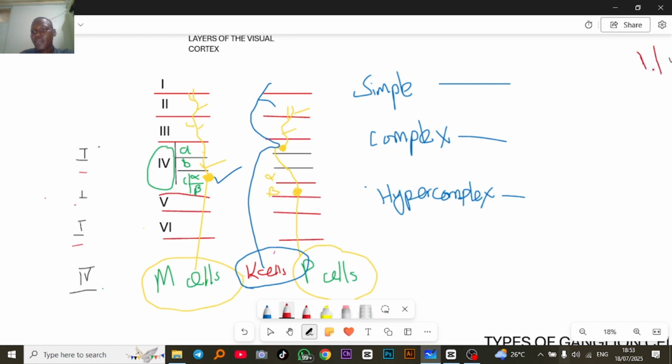That's the importance of simple cells: they detect lines and edges. Then the complex cells care about the orientation of these lines, whether horizontal or vertical.